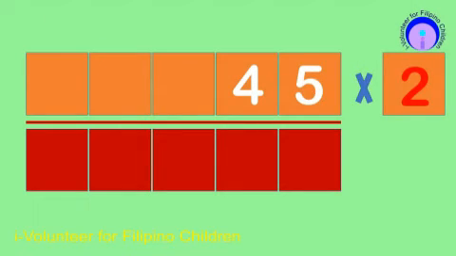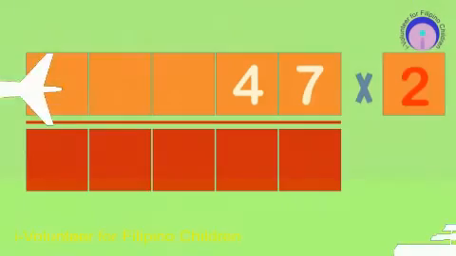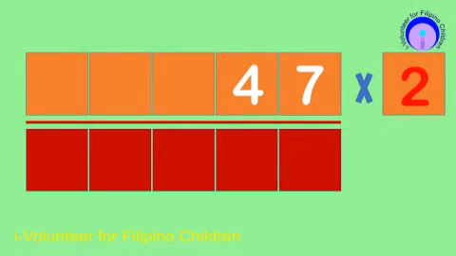Digit 4 has a neighbor 5, and that is why it will receive 1 from its neighbor. Doblehin natin ang 4 plus 1 is equal to 9, and then we will write 0. 4 has a neighbor 6, that is why it has to receive 1. 4 times 2 is 8, plus 1 is 9, and then write 2. 4 has a neighbor 7, that is why it has to receive 1.